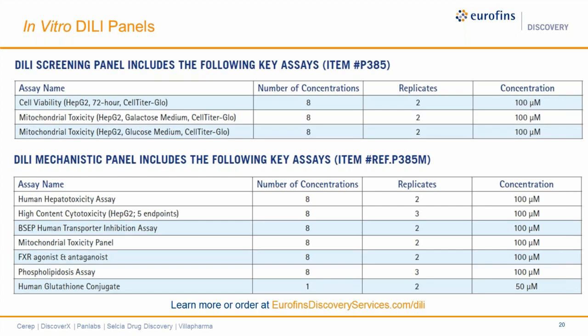We offer the combination of 6 assays in the DILI mechanistic panel in order to provide mechanistic information on the causes of DILI. Those assays include high content analysis imaging cytotoxicity assay in HepG2 cells or human primary hepatocytes, BSEP inhibition, and FXR agonist and antagonist assay that assess cholestasis, also phospholipidosis and glutathione conjugation assays.